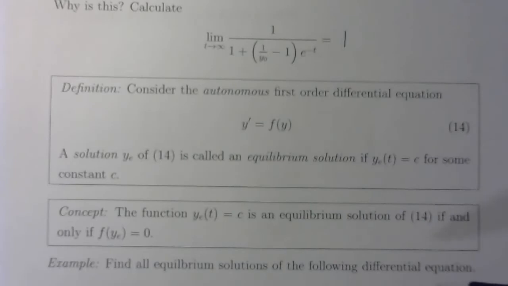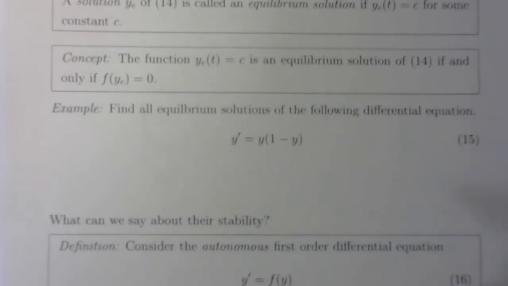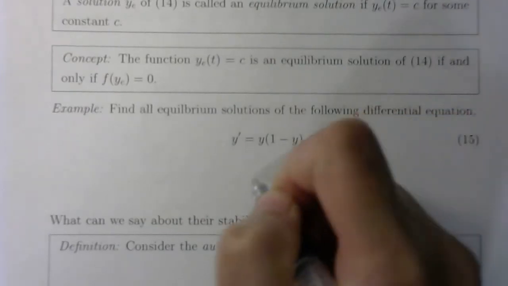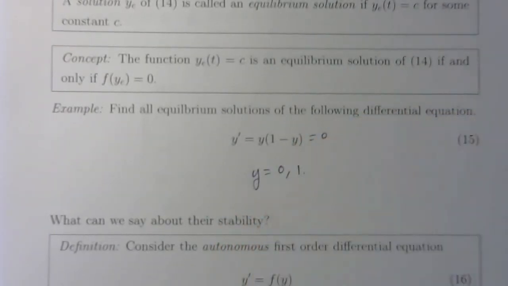The derivative is f of y, so I can just directly solve the algebraic equation. So with that in mind, if I look at the differential equation here, what are the equilibria? If I set this equal to 0, the equilibria are y equal to 0 and y equal to 1. These are the two constant solutions. If I put them in, I never change.